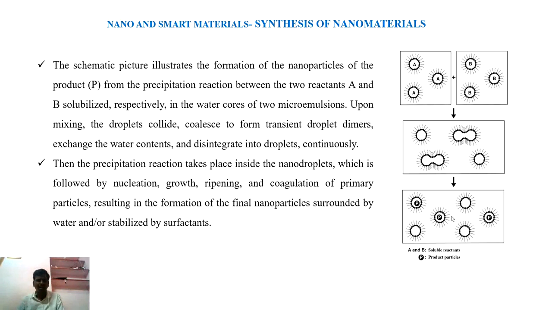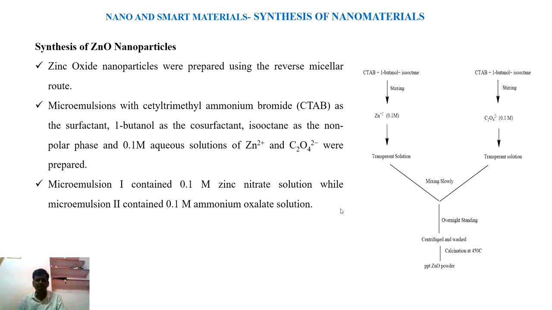That means the resulting nano droplets undergo nucleation, growth, ripening, and coagulation of primary particles, and these result in the formation of nanoparticles. These nanoparticles are surrounded by water or stabilizing surfactants.